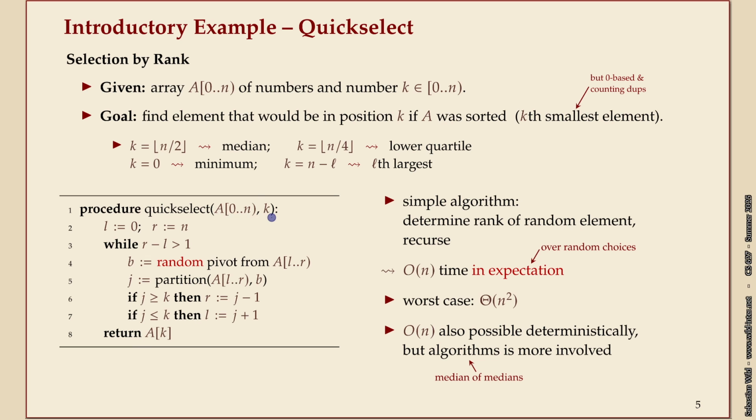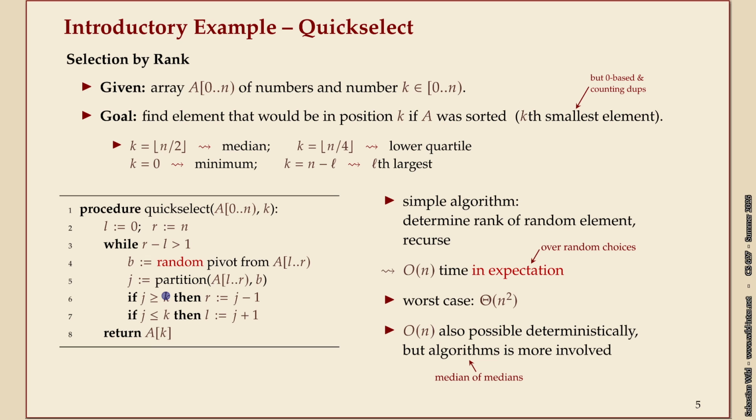You're maintaining a range of the array where you still have to work. Initially, it's everything. And as long as that's not empty, you pick a random element from that range. You partition that range around that element, everything smaller to the left, everything larger to the right. And then there are three different options.